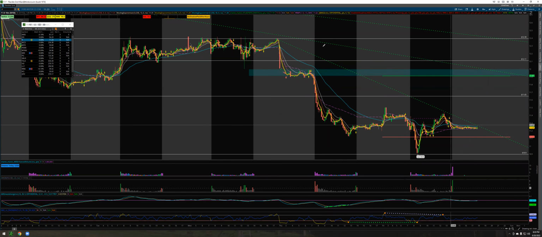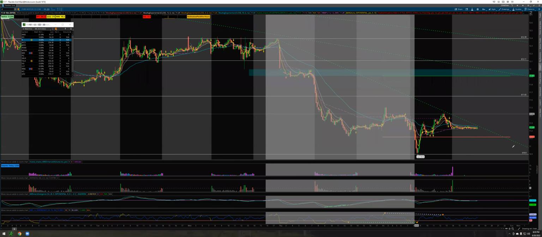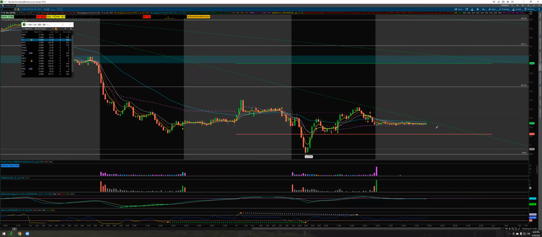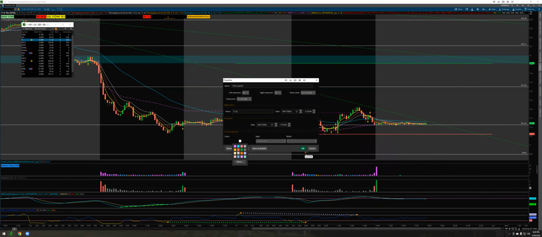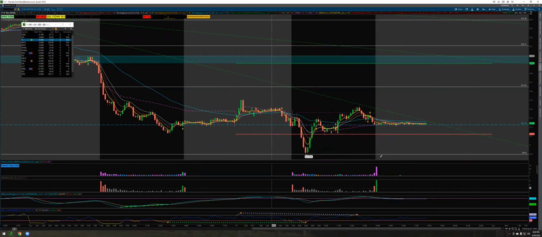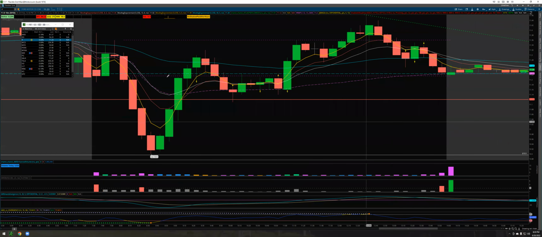now I can identify easily what is my pivot. And the pivot here looks like this one, right? This is the pivot here. So you can see it very easily.